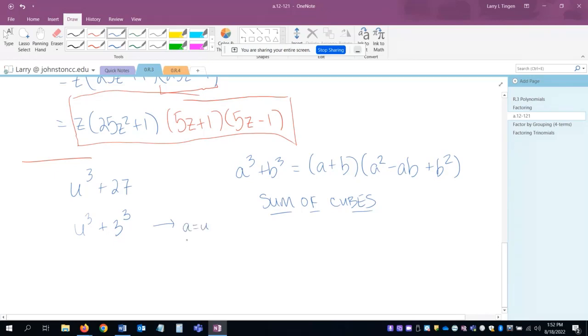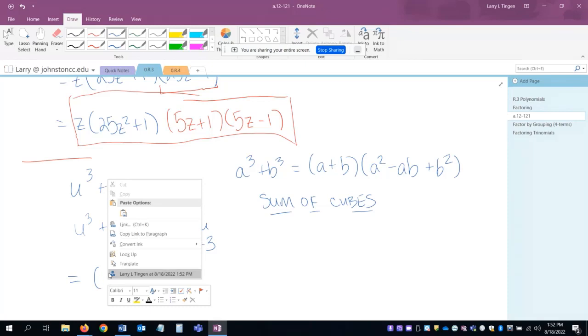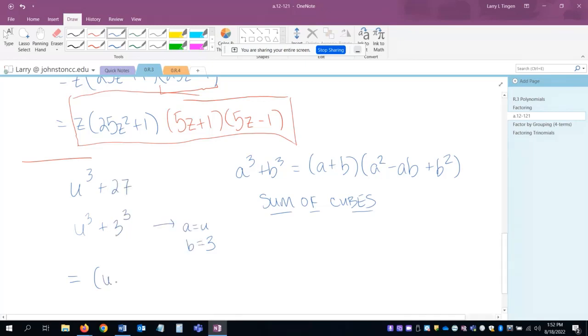We're saying a is equal to u, b is equal to 3. By the rule, this must factor into a is u, b is 3, a is u, a is u, b is 3.